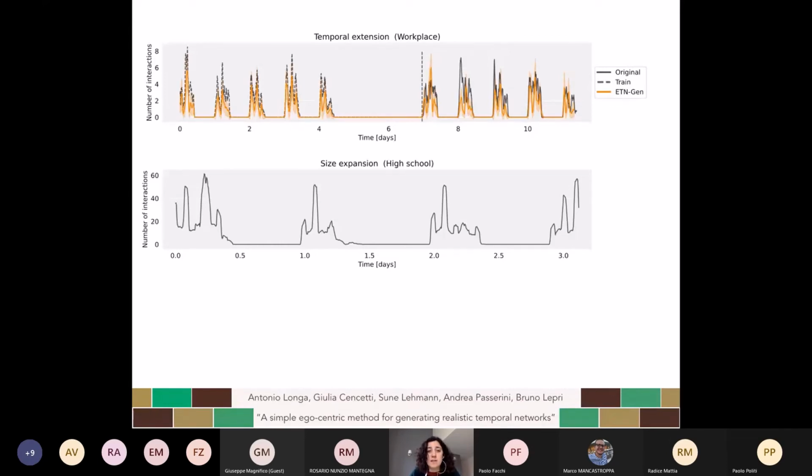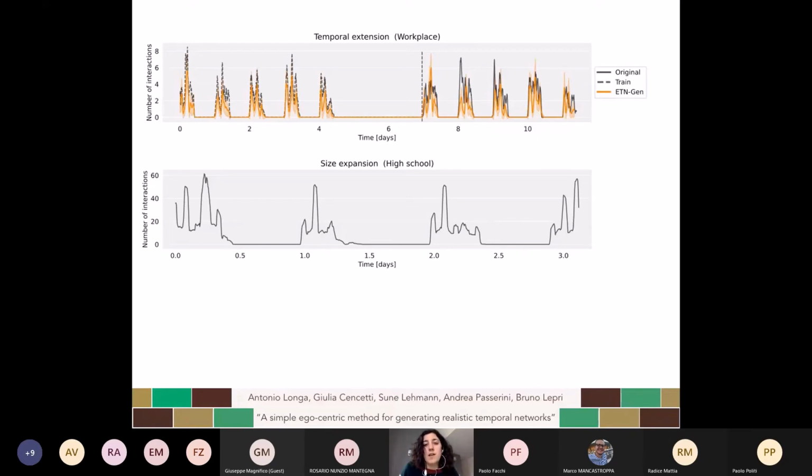So we sometimes need large populations. And with our model, it is possible to enlarge the population, because again, the number of nodes in our network is just a parameter that we set at the beginning of the generating model.